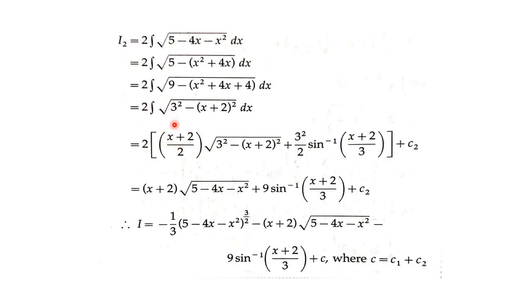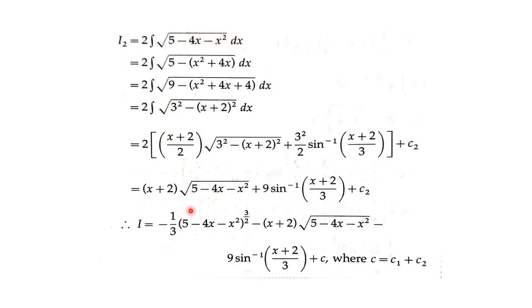Now, x is replaced by x plus 2, so we have x plus 2 by 2 into under root a square minus x plus 2 bracket square as it is, plus a square, that is 3 square by 2 into sine inverse of x plus 2 by 3 plus c2.